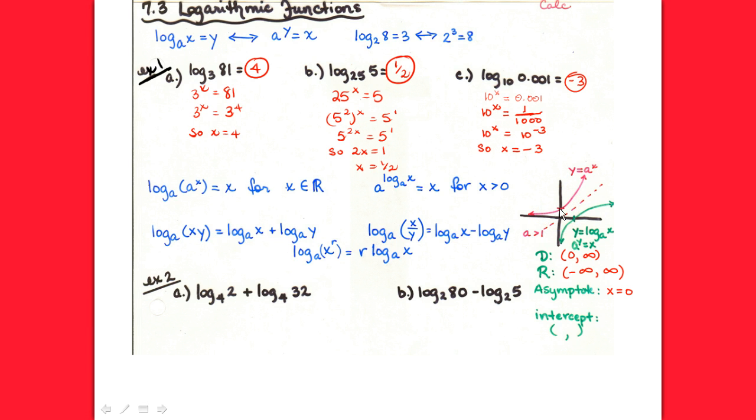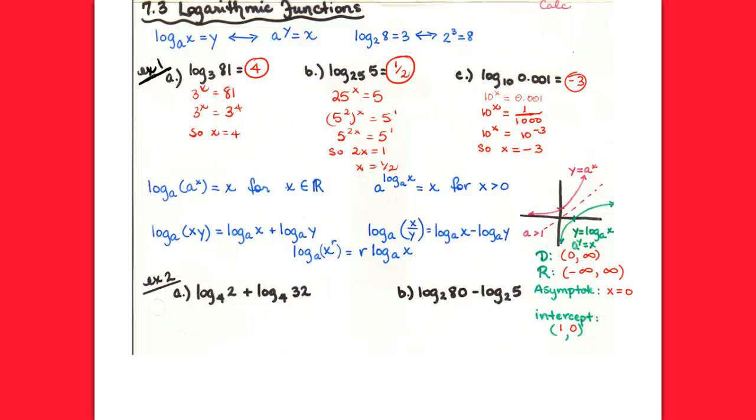So (0, 1) was a point on our exponential. For the inverse, then, if you switch 0 and 1, that would be (1, 0), right? So that's going to give me a landmark of (1, 0) as an intercept for my logarithmic. So the same way we had those two landmarks to help us draw our exponential, we have a similar set that we can use for our logarithmic.